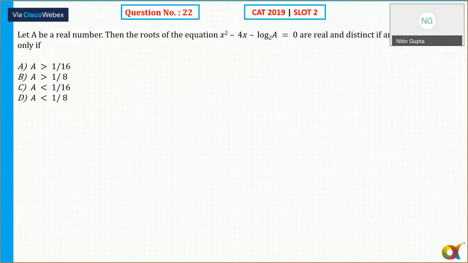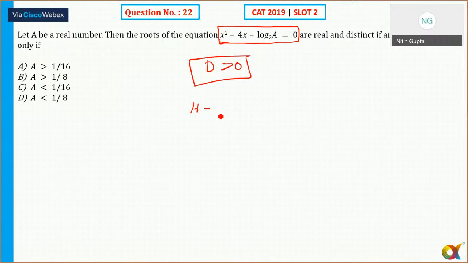Now just here. It says let a be a real number, then the roots of this equation x square plus 4x minus log a to the base of 2 is equal to 0 are real and distinct if any. Now, if the roots are real and distinct, the discriminant must be greater than or equal to 0, standard rule. So what is the discriminant? b square, so that is 16 minus 4ac.